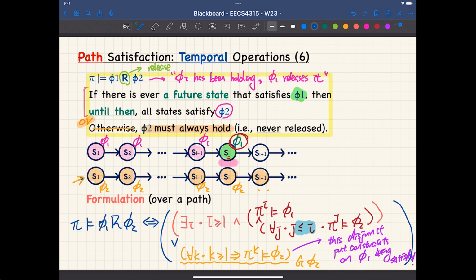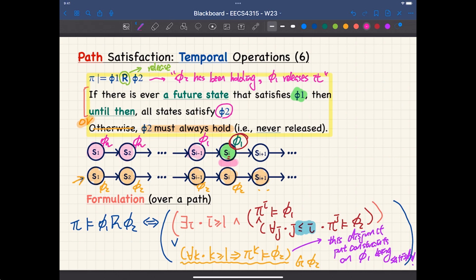Question? So to clarify, once phi 1 holds, every factor cannot satisfy phi 2? Once phi 1 holds, it doesn't say that. So here you can see phi 1 at some future point should really hold, right? Oh, you know what? I said something wrong here. Sorry, I beg your pardon. That's confusing. This should be phi 2.